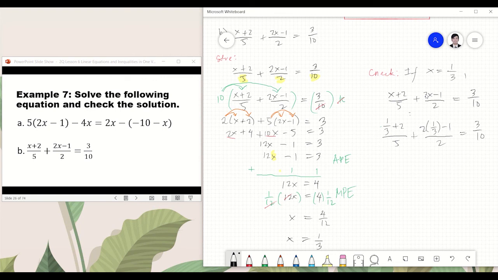Okay. So, ano yung 1/3 plus 2? So, first quarter lesson nyo to. 1/3 plus 2, if you combine them, is 7/3. 2 times 1/3 is 2/3.